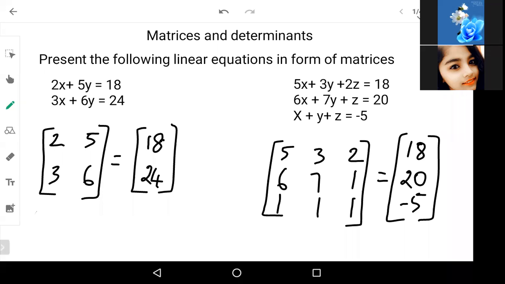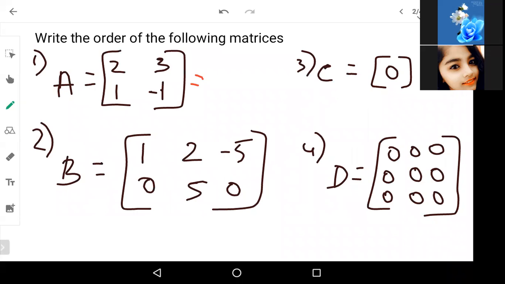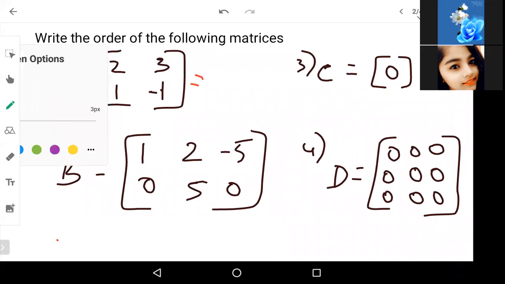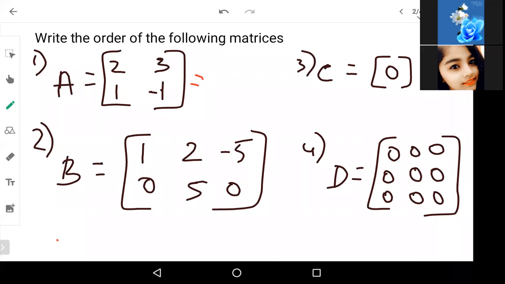Okay. Now moving on to the next problem, we are supposed to find the order of the matrix. The order of the matrix means the number of rows present and the number of columns present in the matrix. That is called the order of the matrix.